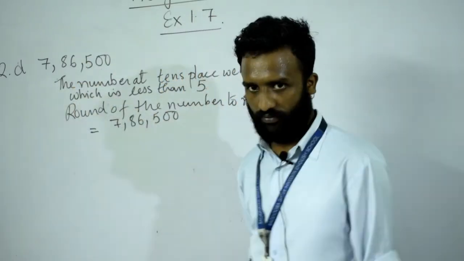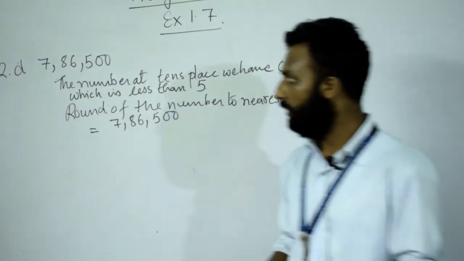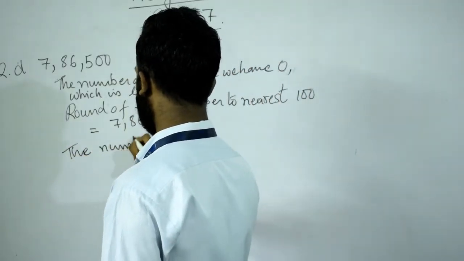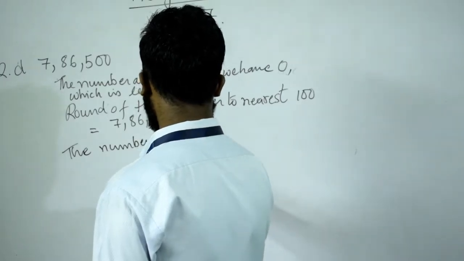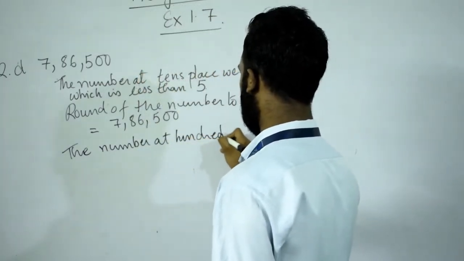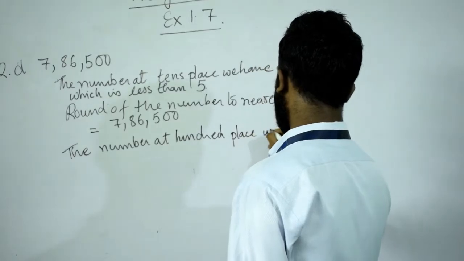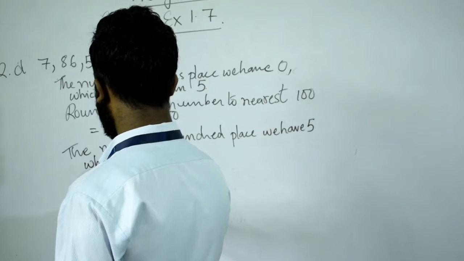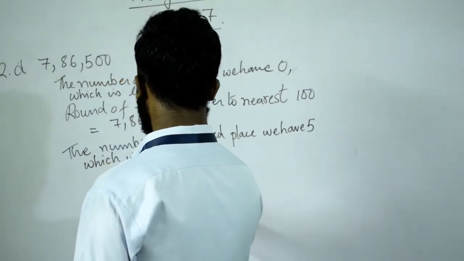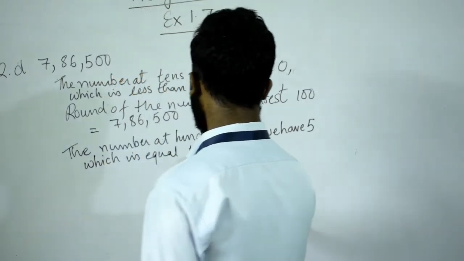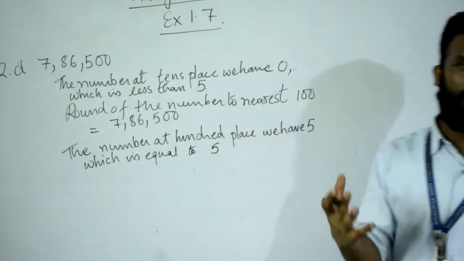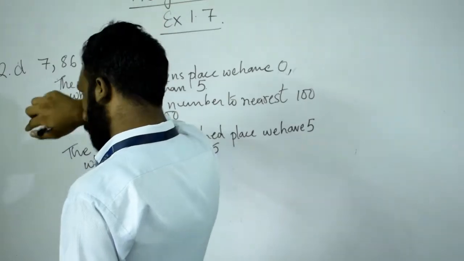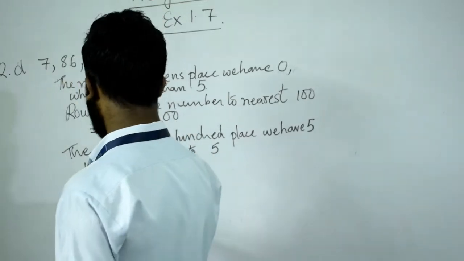We have 5 here, which is equal to 5. So when it is equal to 5 or more than 5, what do we do? We change the lower places to 0 and we add 1 to the place above.